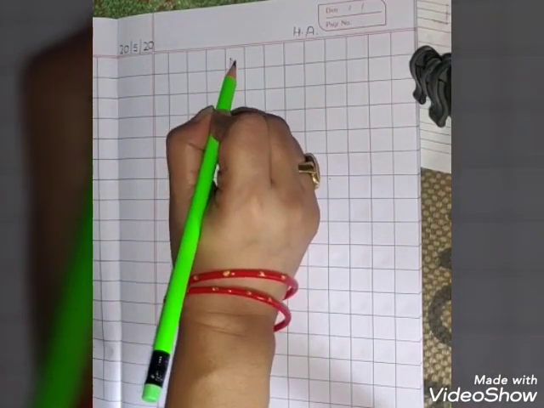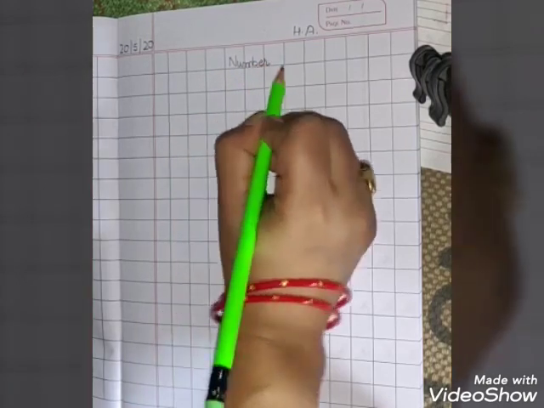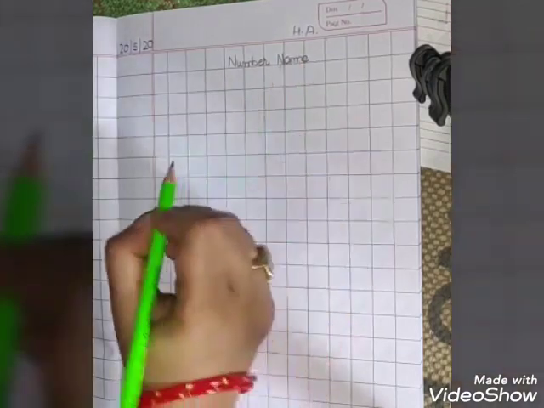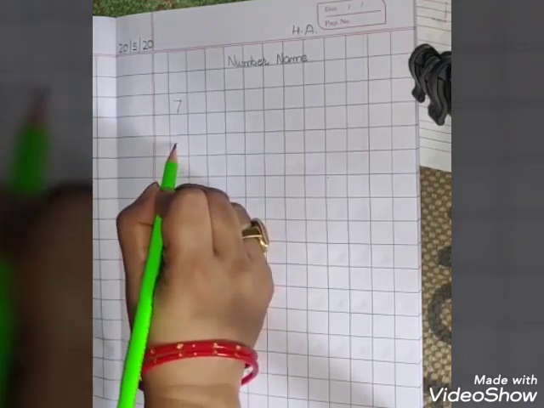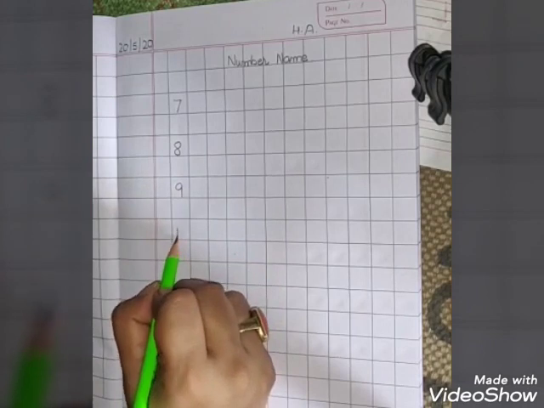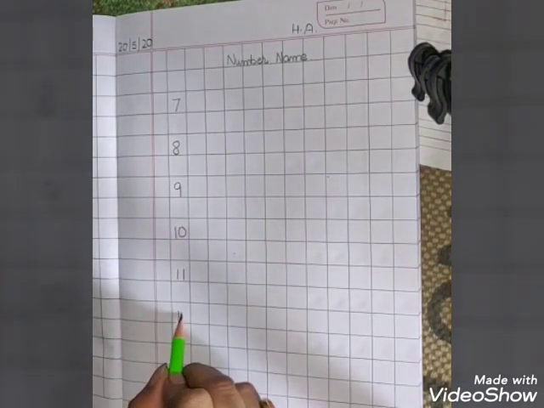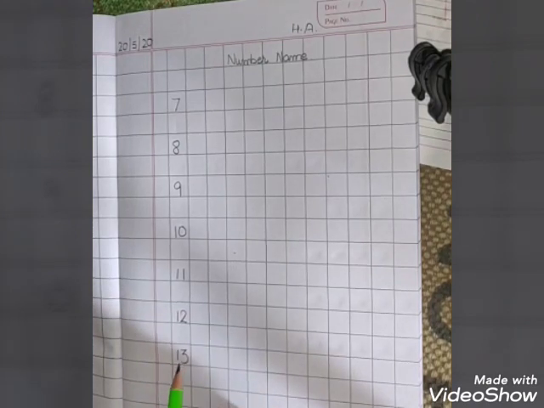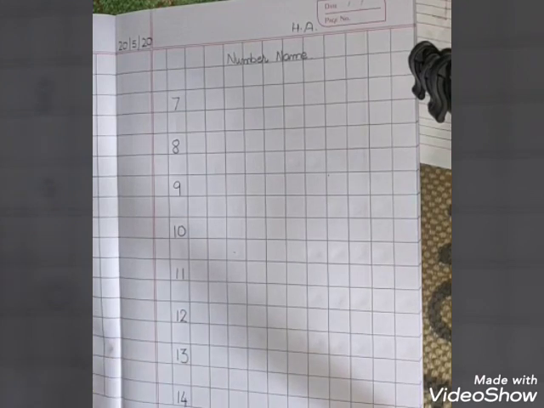On the topic you will write number name, and then we will start from number 7, 8, 9, 10, 11, 12, 13 and 14.